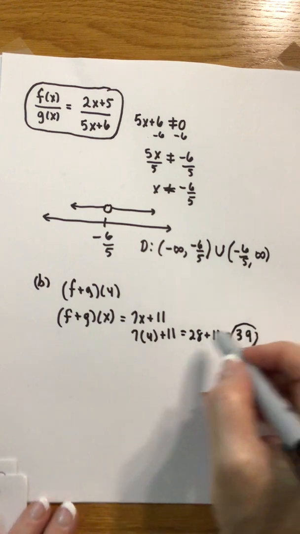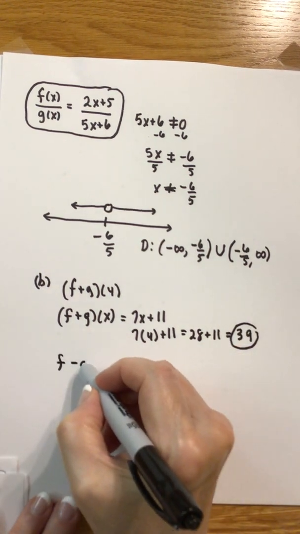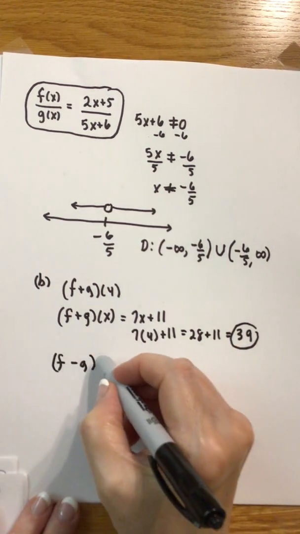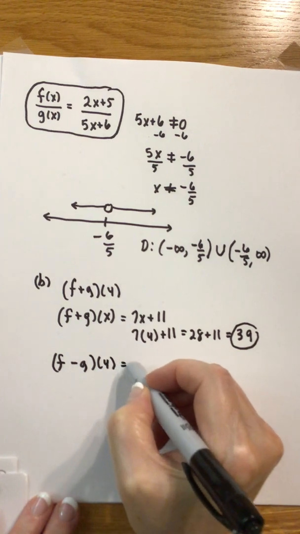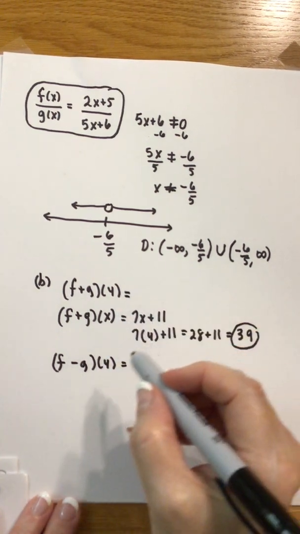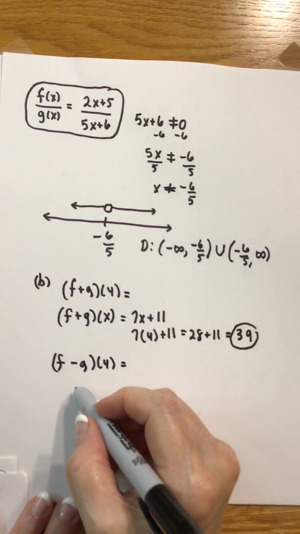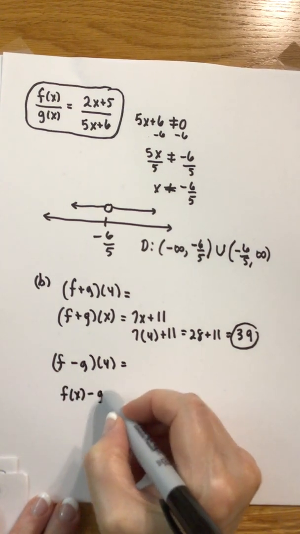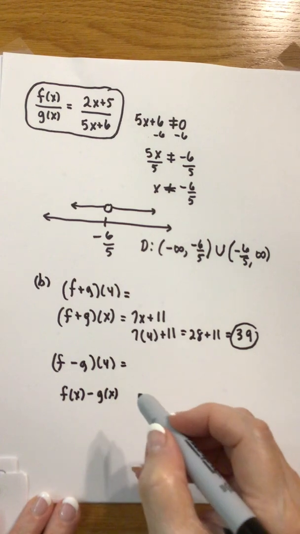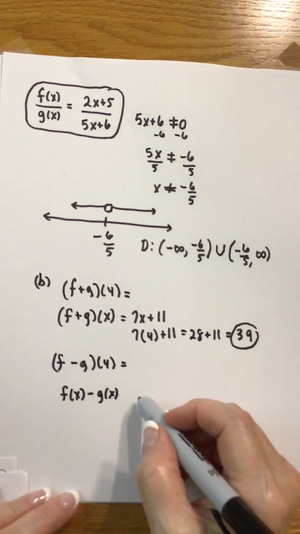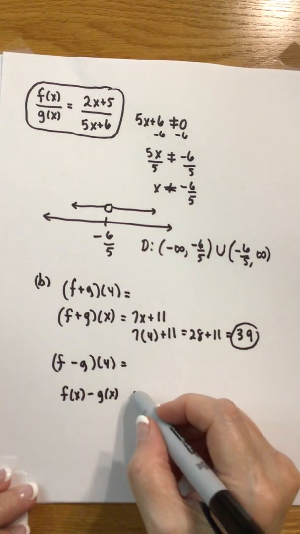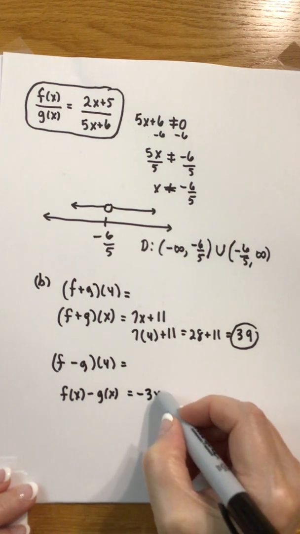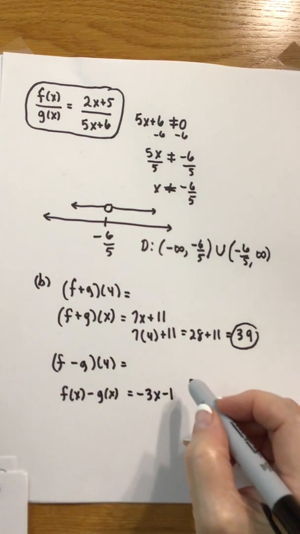All right, so let's try f minus g of 4. So we go over to our work that we've done so far. We said that f of x minus g of x was going to be negative 3x minus 1. Okay, so that's what we already found.